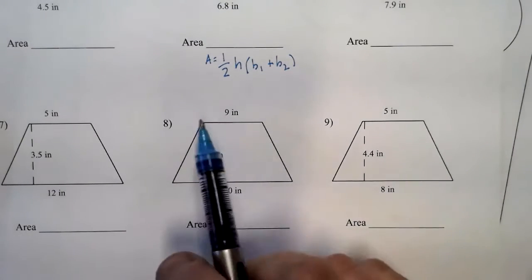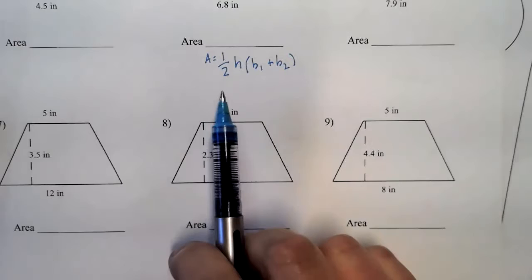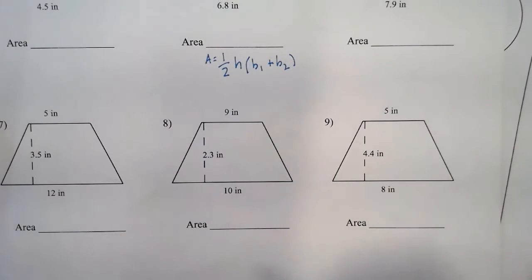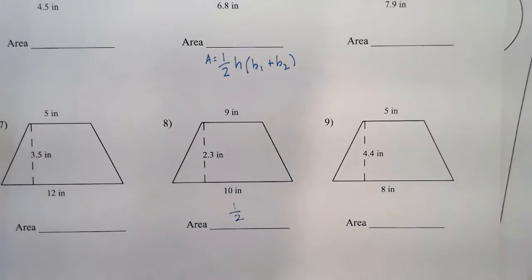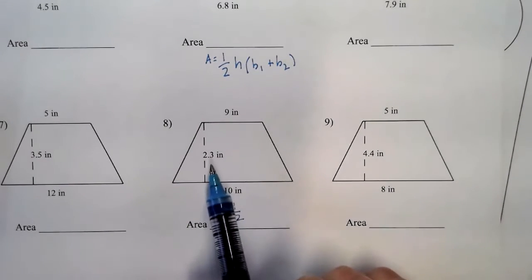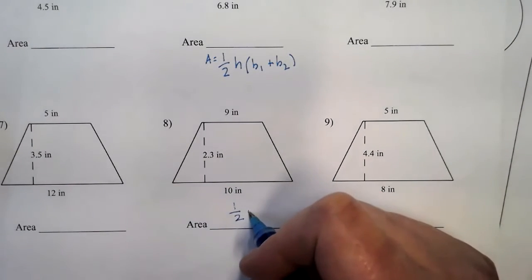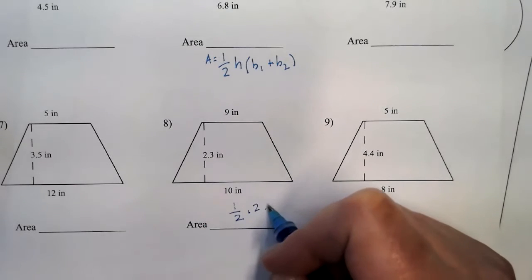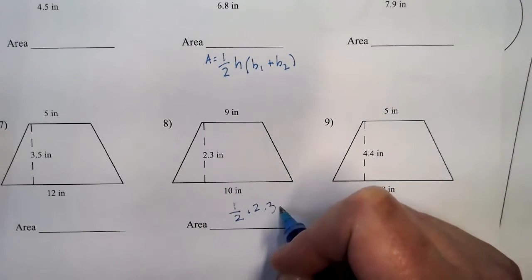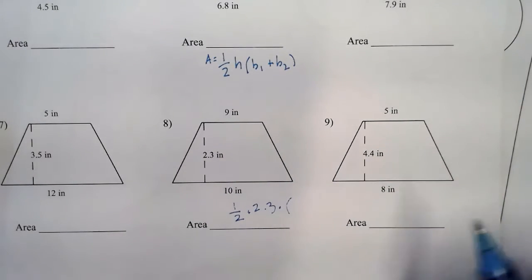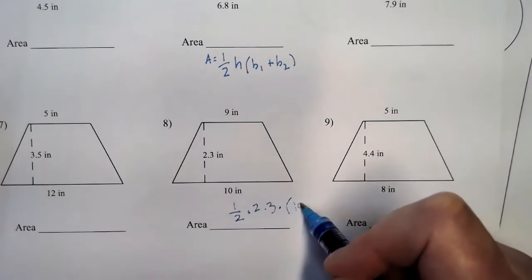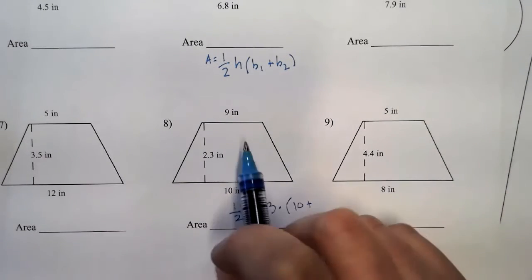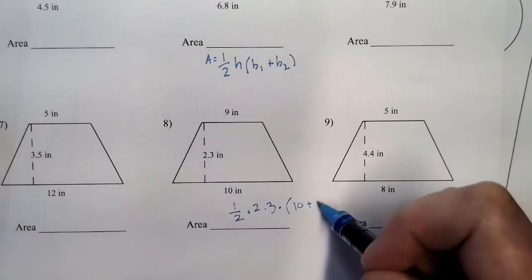You're just going to take the information they give you and fill out the formula. So we have 1/2 times height, which is 2.3, times base 1, 10, plus base 2 at the top, 9.